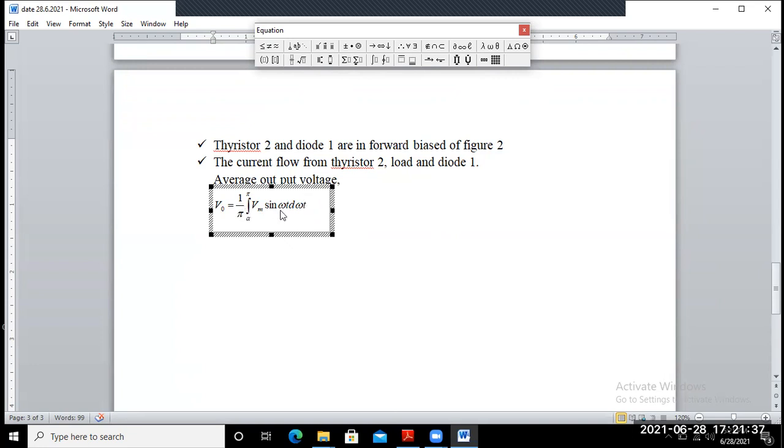So we can write here Vm by pi, integration of sin omega t d omega t, limit from alpha to pi.